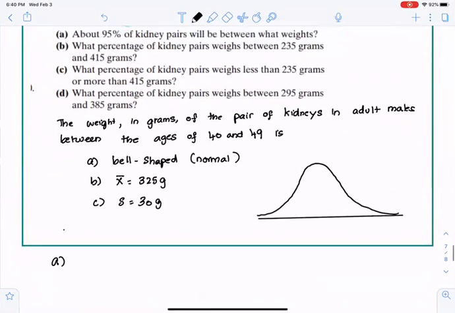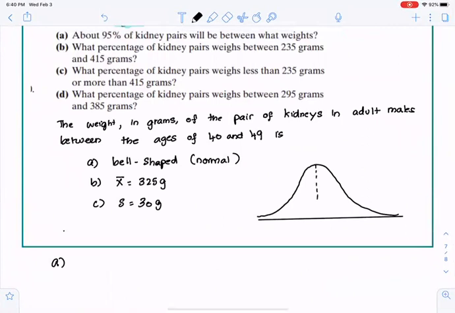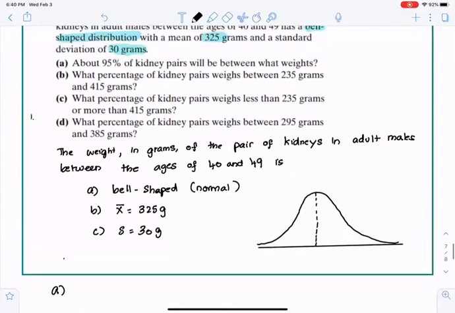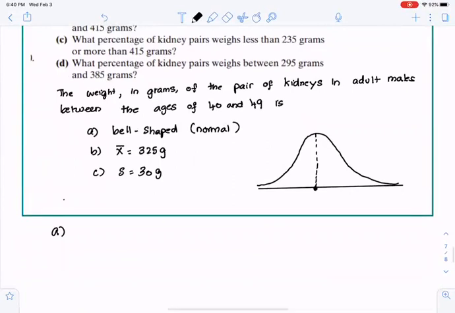I like to draw a curve and put the numbers up so that I know where the points would lie.